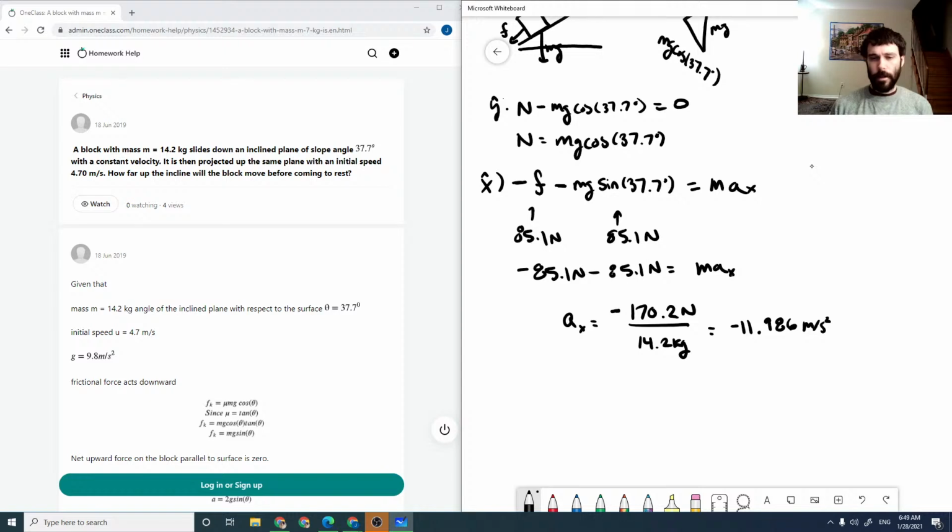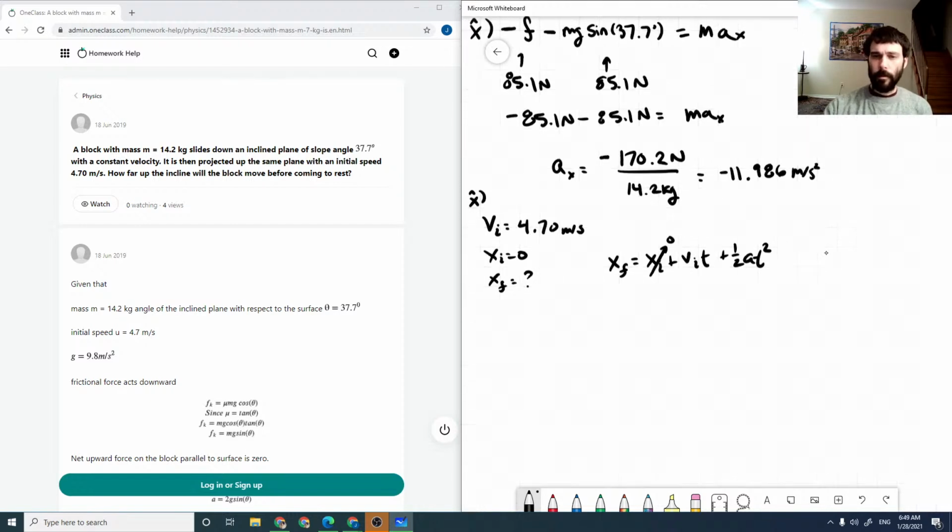So we're given our initial velocity is 4.70 meters per second. So this is in the x-hat direction. We're going to take our initial position as 0, and we're solving for our final position. So we've got xf is equal to xi plus vi t plus 1/2 a t squared, where xi is 0.